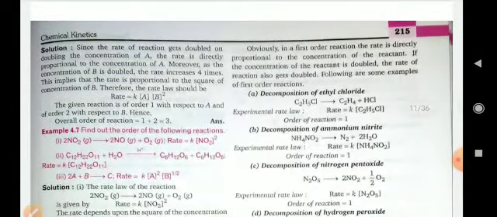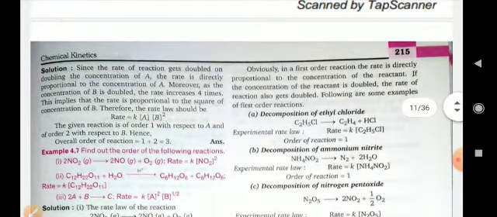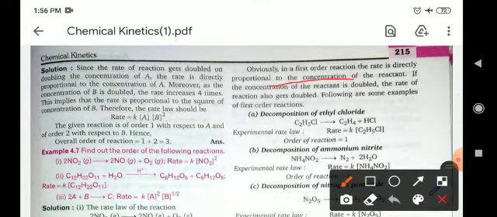Obviously, in the first order reaction the rate is directly proportional to the concentration of the reactant. If the concentration of the reactant is doubled, then the rate of reaction also gets doubled. Following are some other examples of first order reaction.